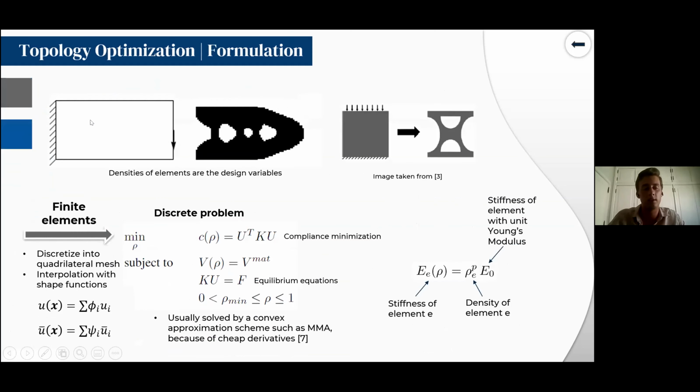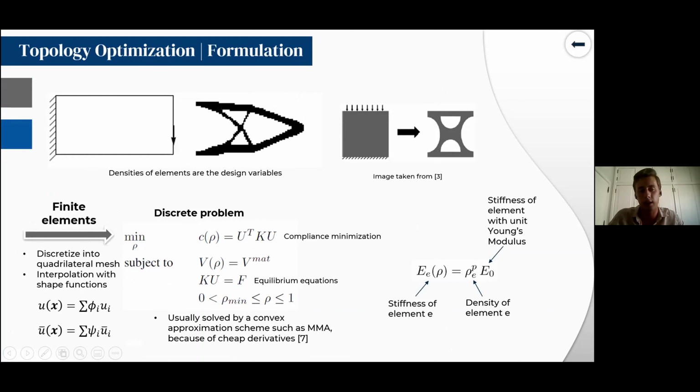So the problem is we have a domain, and we have forces applied to this domain, and the method should optimize the structure. It should allocate density or material at the specific places where the structure is going to be as stiff as possible.